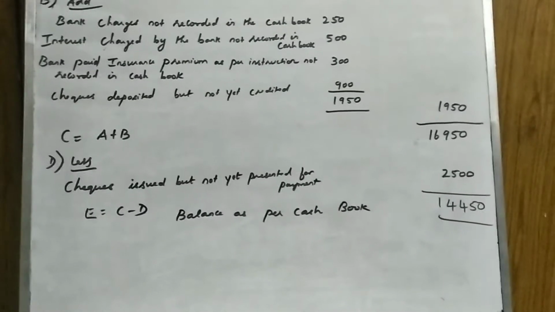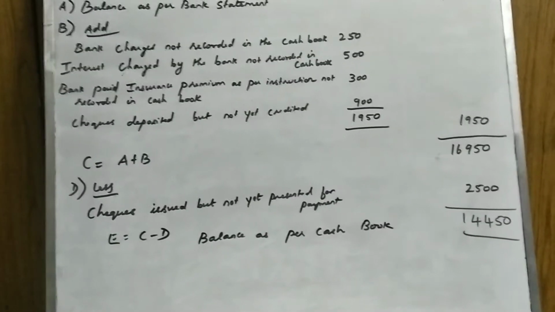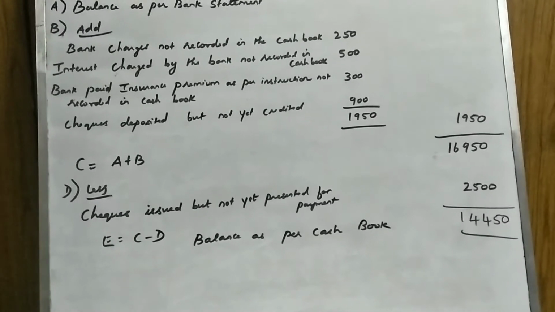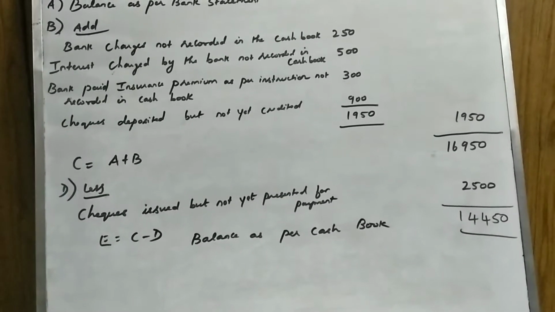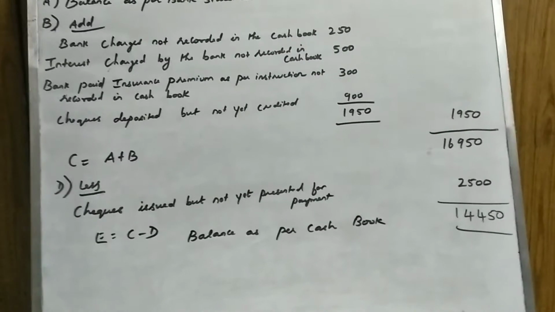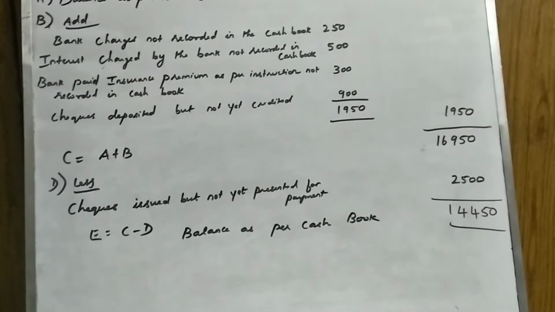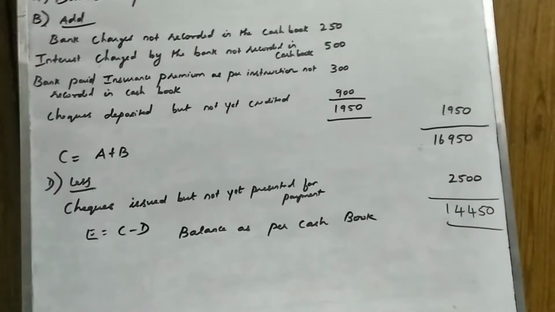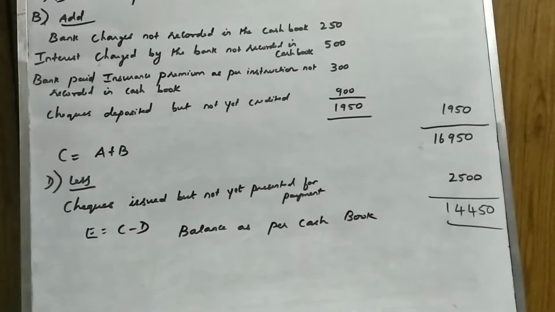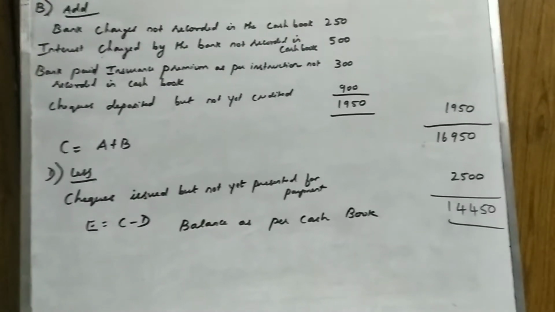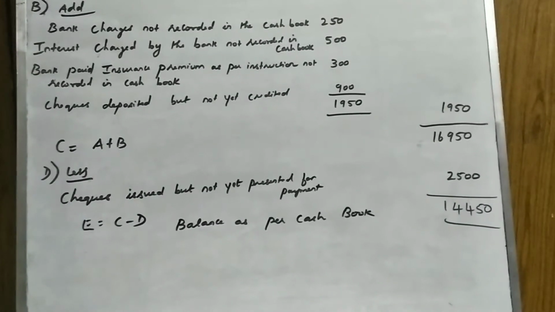Then checks deposited but not yet credited. So once we receive a check, we will first add it up in our cash book. And then when we deposit the check, it will take 1 or 2 days time for the money transfer to happen. Here, in this case, checks deposited but it is not credited. Our cash book is more but bank balance is less.